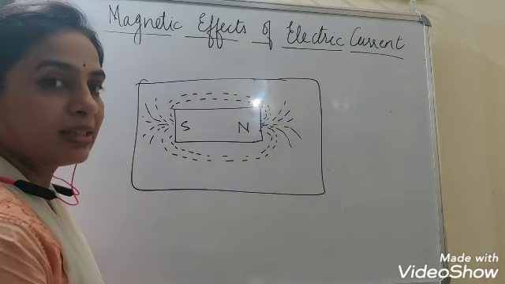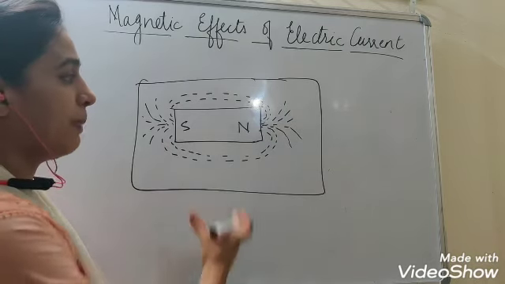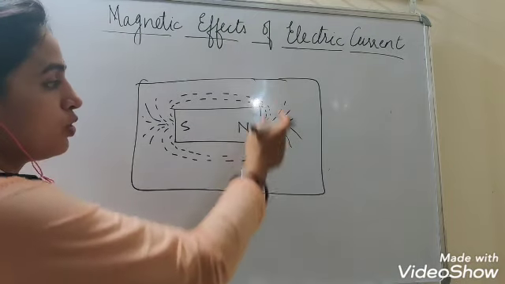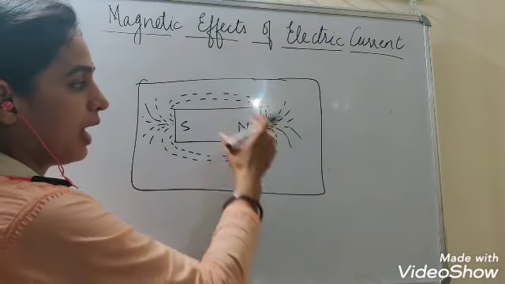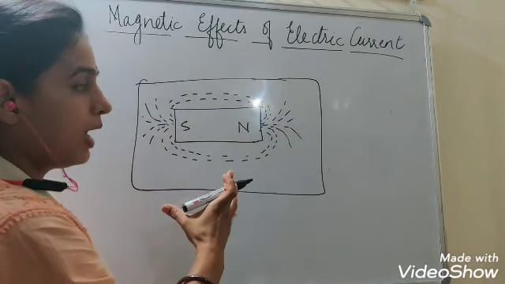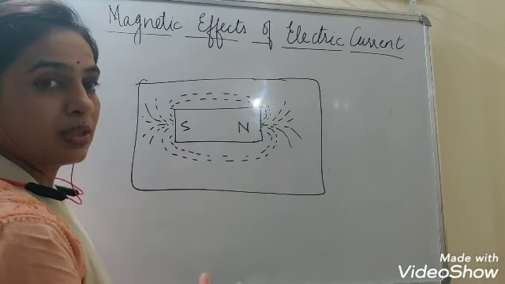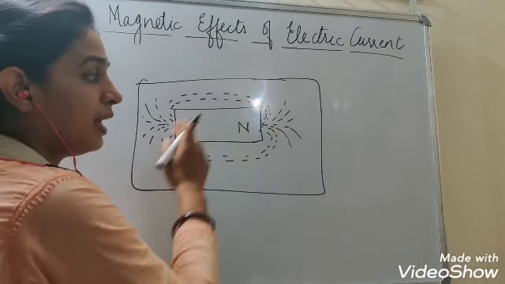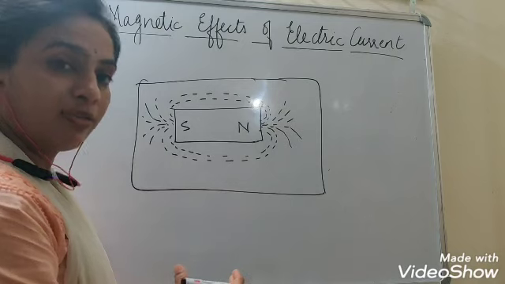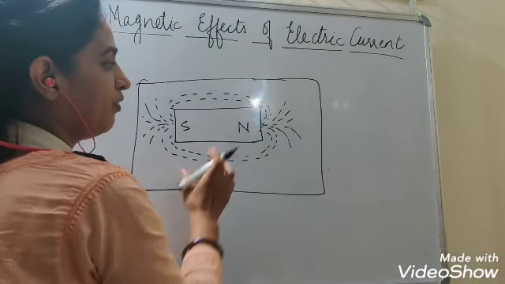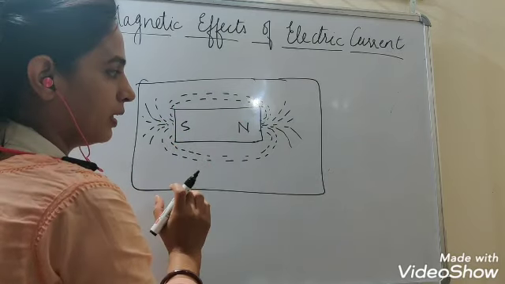Because the iron filings are magnetic materials and we know that the magnetic materials are influenced by a magnet. So this magnet has a magnetic field around it, and in that magnetic field these iron filings experience the magnetic force and they align in the direction of the magnetic field. So this is the kind of magnetic field of a bar magnet.